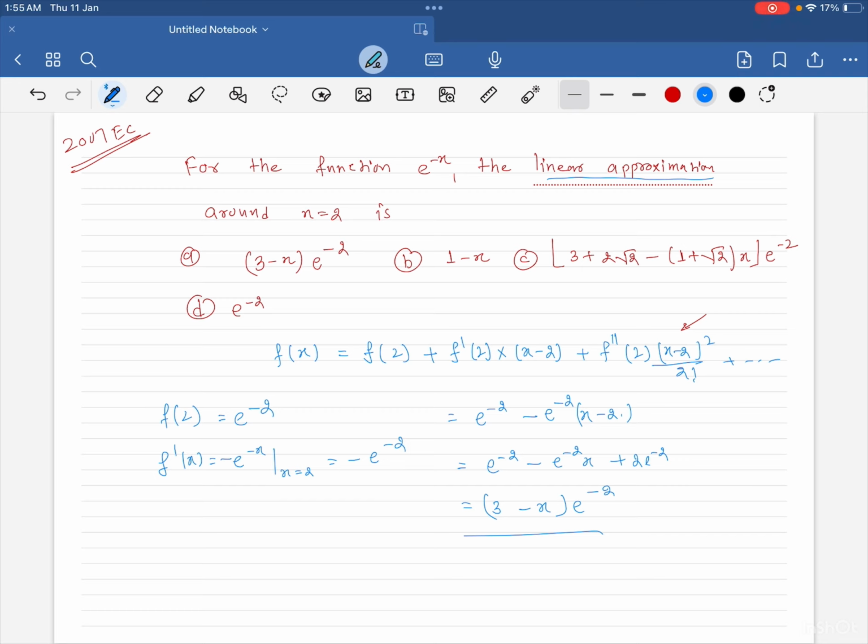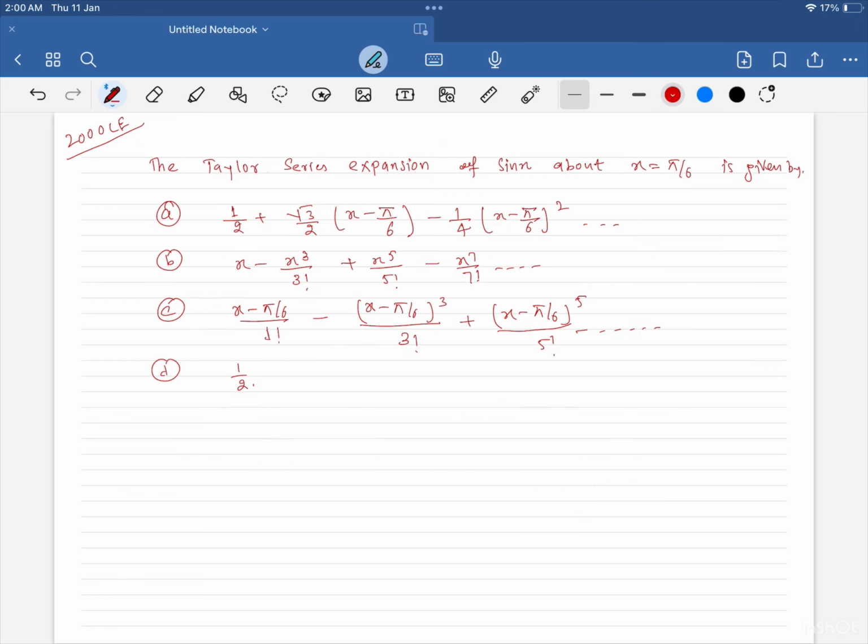So this is the linear approximation of this e to the power minus x around the point x is equals to 2. So the correct answer for this is A.